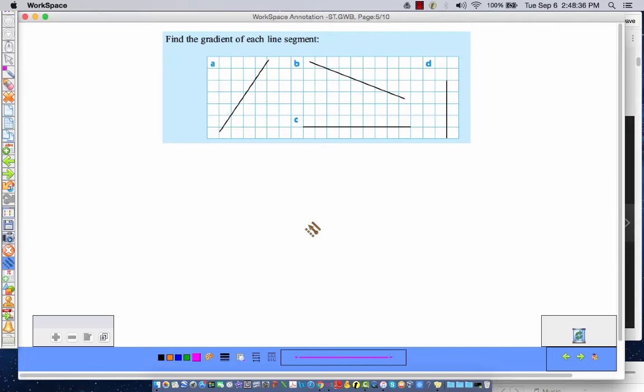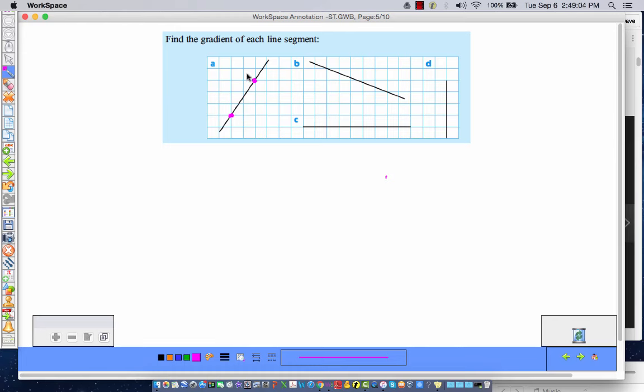Find the gradient of each line segment. Well, here, all you need to do is find 2 points that cross the hairs or the intersection of grid pieces. So there's one here and there's one here. My encouragement is always to start with a vertical move to find the slope, to find the rise first.